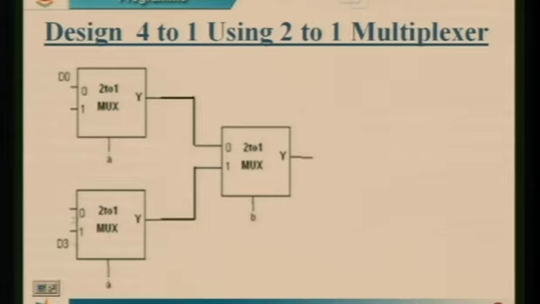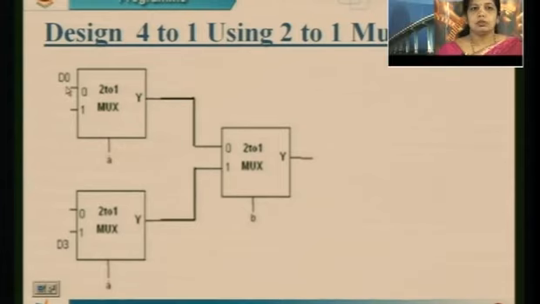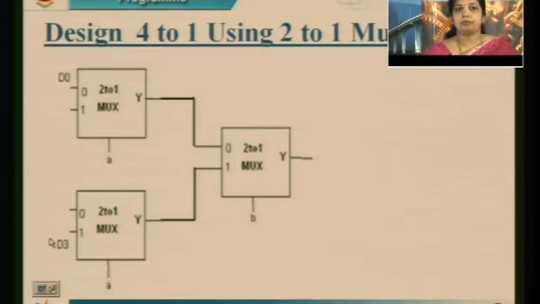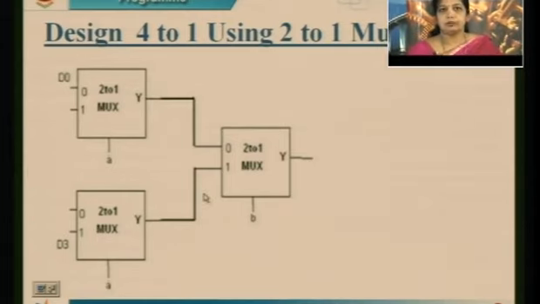I will be using 2:1 muxes. So this appears as 2 plus 2, you will get 4. But the output side over here is single. So from this single output here and here, I should get one final output. So how to design this circuit?